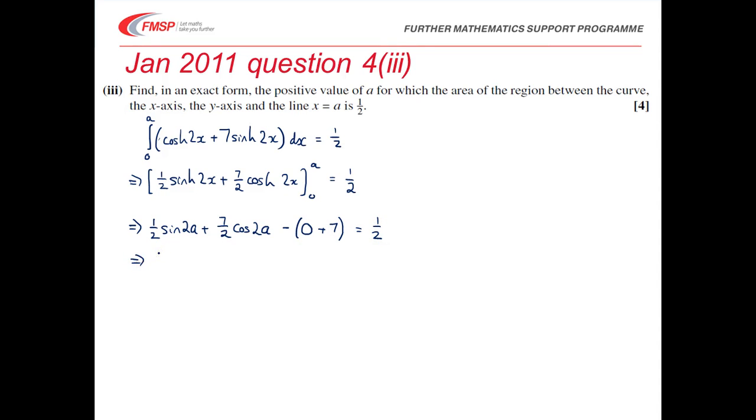So multiplying through by 2, I get sinh 2A plus 7 cosh 2A equals 8. Should have been a 7 over 2 there.